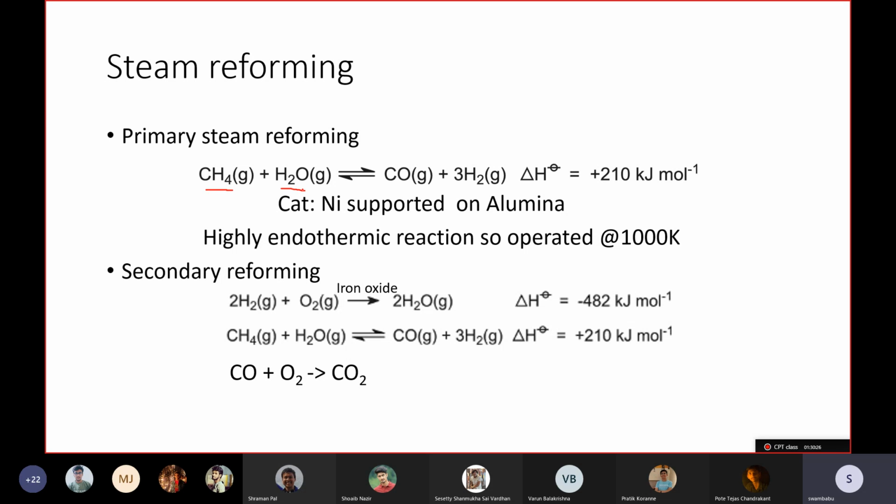Steam reforming means reacting with water. Methane reacts with water and produces CO plus 3H2. You see, this is a highly endothermic reaction. Almost 210 kilojoules per mole of heat is required.